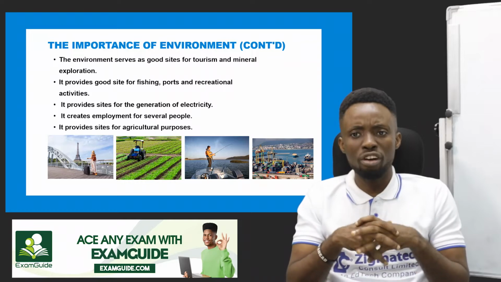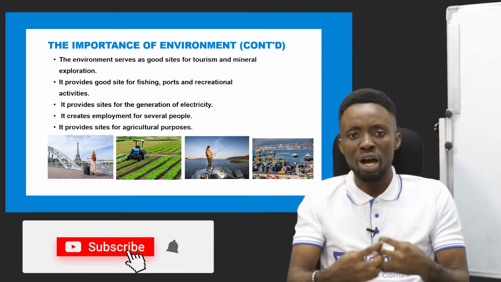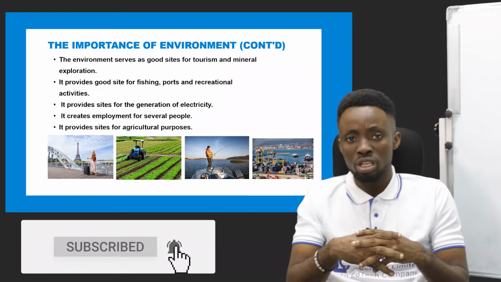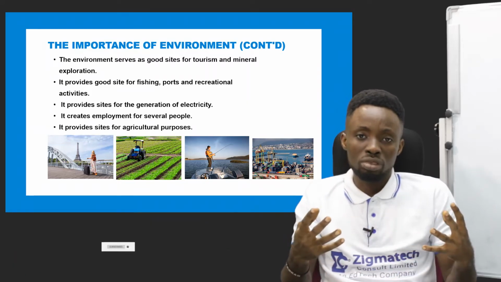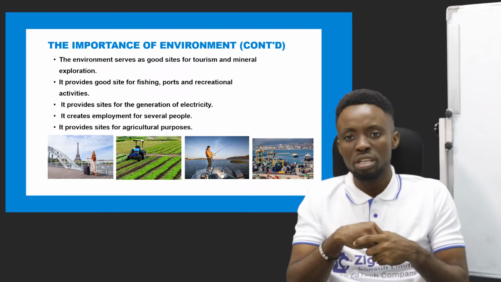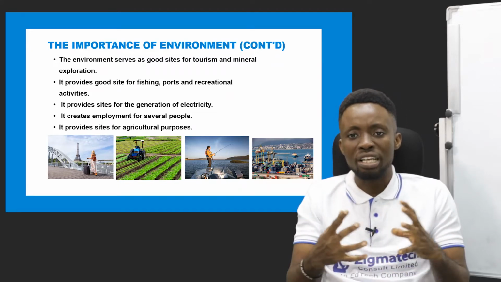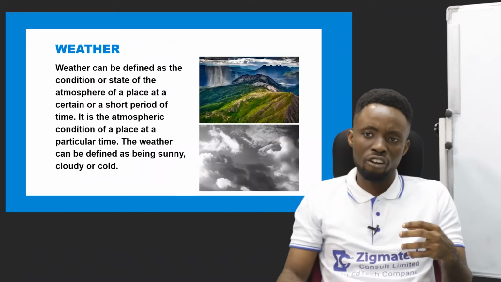And also the environment provides us with land that we can use for agricultural purposes, like mechanized farming, subsistence farming, nomadic farming and the rest. They are all made possible as a result of the environment.